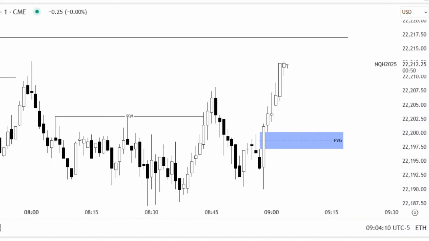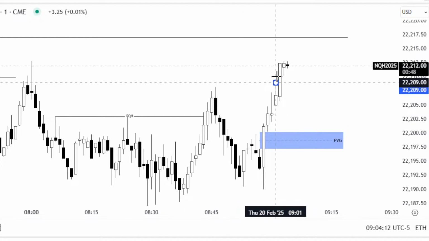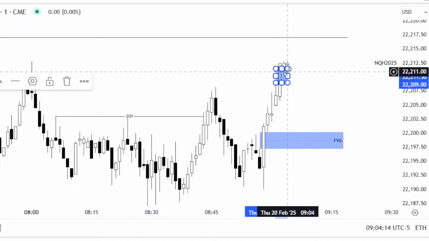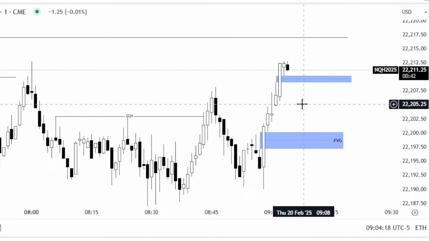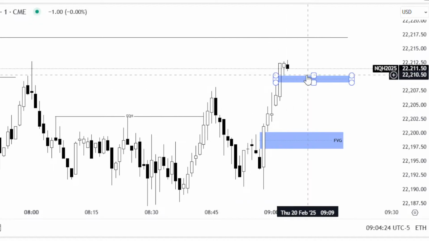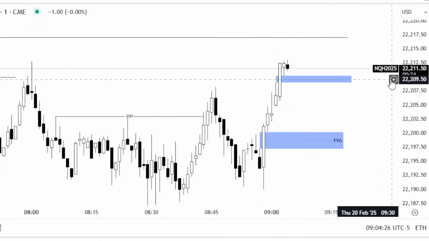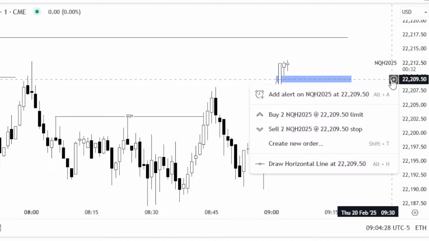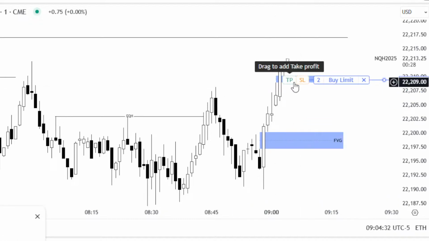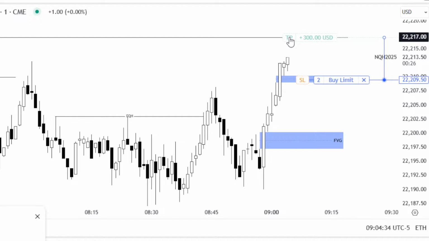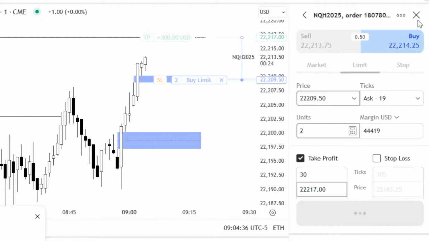A little gap here. See if there's anything in there for that test.